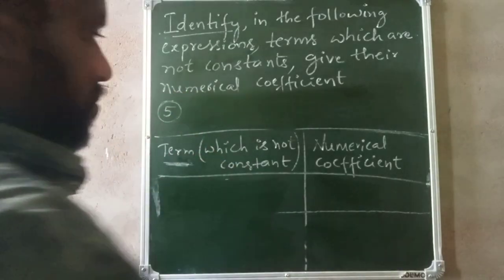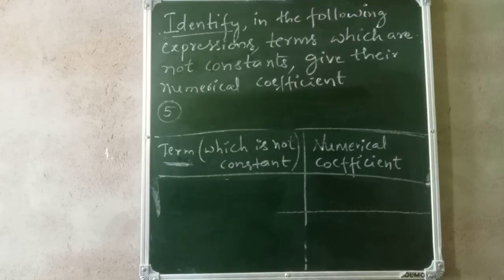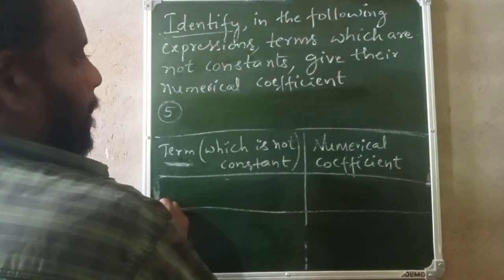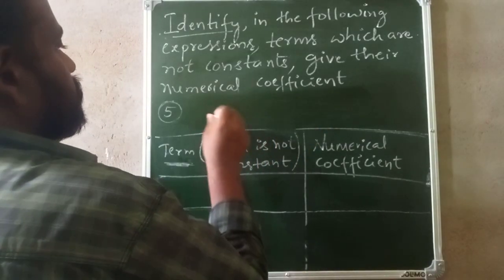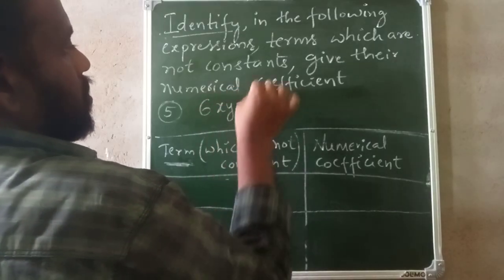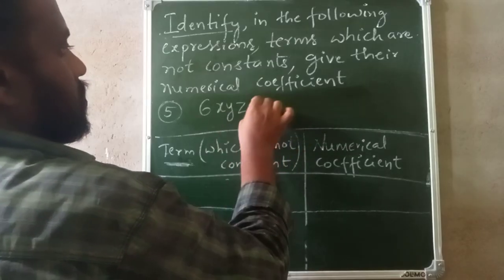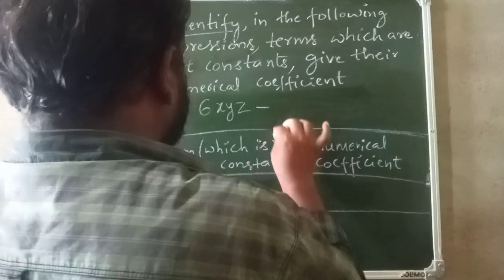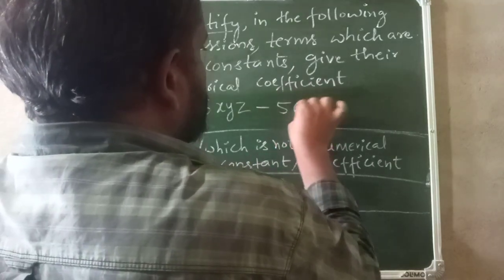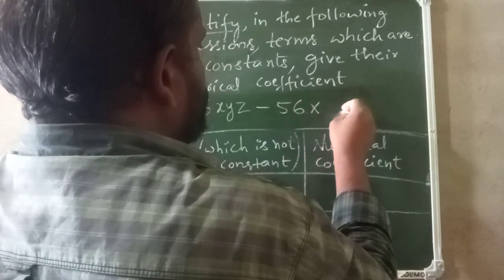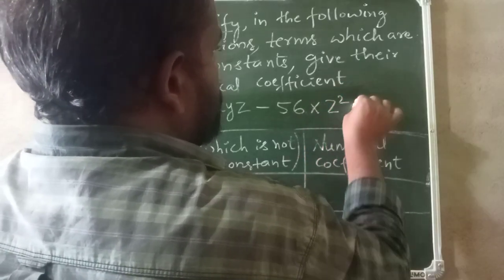So the fifth example is like this: 6 into 6xyz minus 56 into z square q.